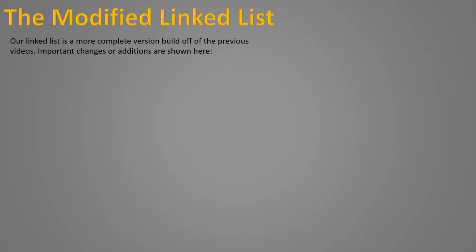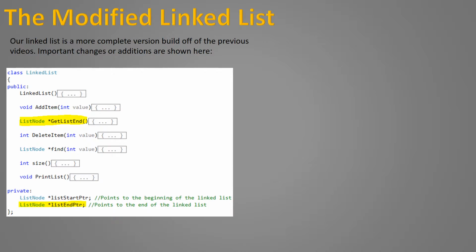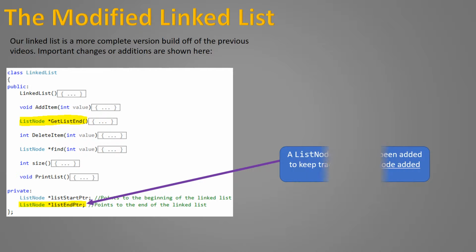Before we start coding the stack class, let's look at a linked list that's been modified from the previous versions shown in the videos. For starters, all the changes in the screenshot have been highlighted. So I'm looking at a new data member, a list node pointer, which we're going to use to keep track of the last node added to the list.